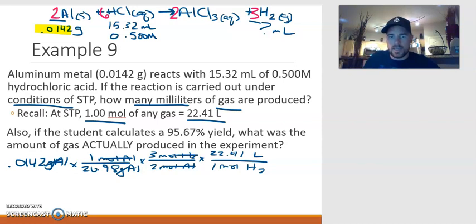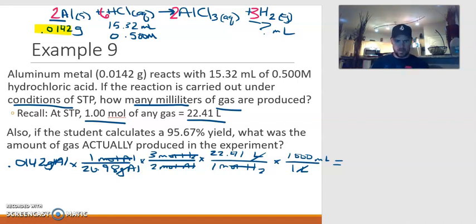Now I don't want to know liters, I want to know milliliters, so I'll do one final conversion. 1 liter is 1,000 milliliters. That way I'm in the correct unit of volume. If you want to combine these two and say 1 mole is equal to 22,410 milliliters, just multiply by 1,000 here, that's totally fine. But nevertheless, that's our setup there.